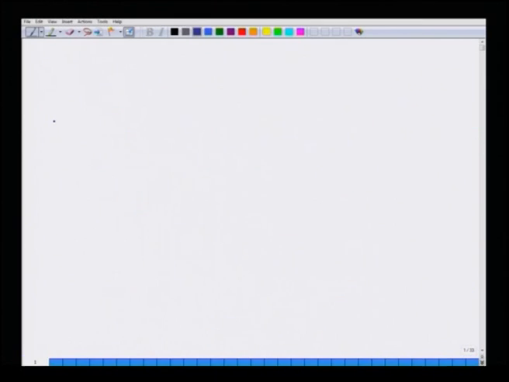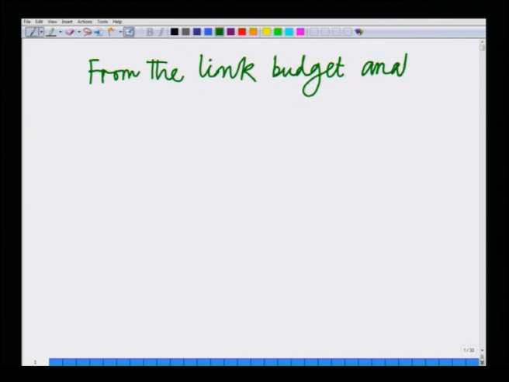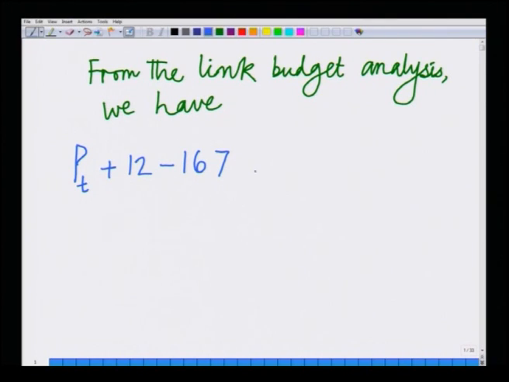I can write from the link budget analysis, we have Pt plus 12 minus 167 minus 10 plus 5 minus 3 minus 151 equals 37 dB, which is the required SNR.